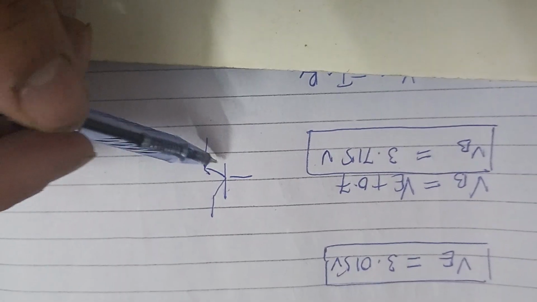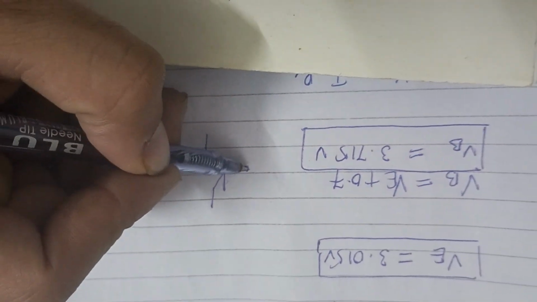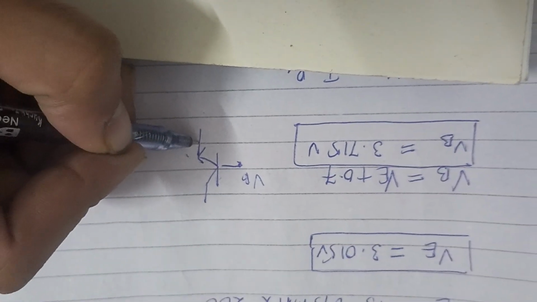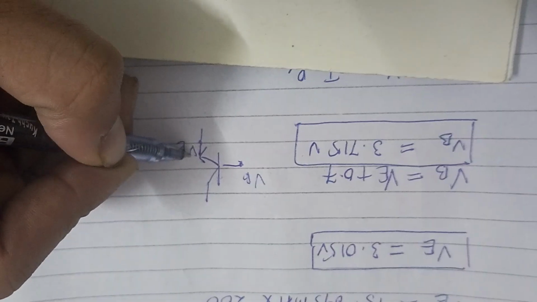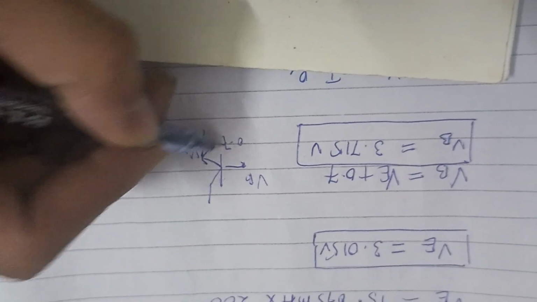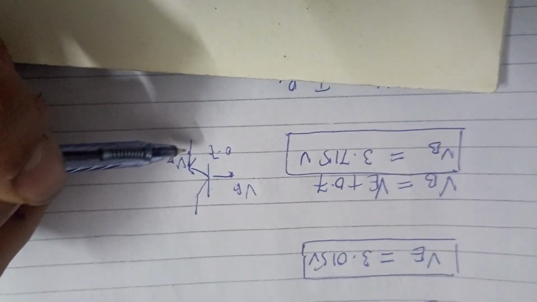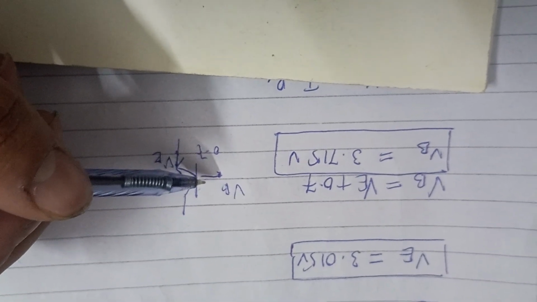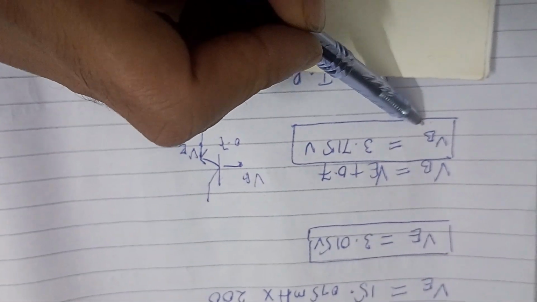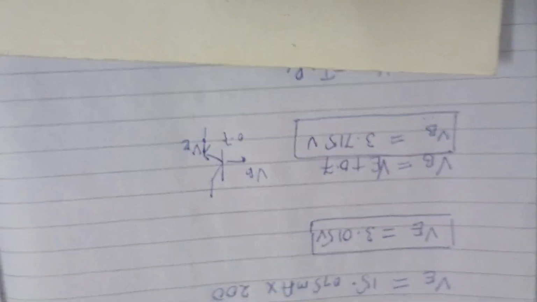Also, from transistor characteristics, let's say this is the base and the base voltage, and this is the emitter and the emitter voltage, and the drop is around 0.7. So the base is 0.7 higher than the emitter voltage.